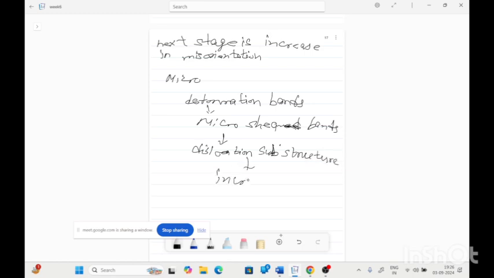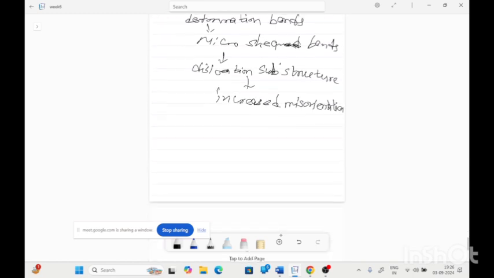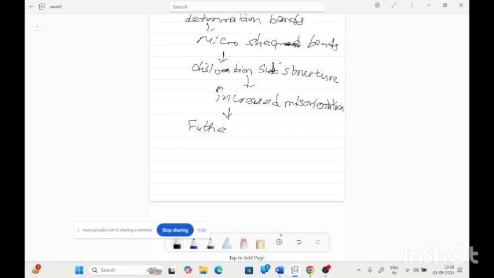Increase in misorientation, and further formation of micro shear bands as deformation proceeds or continues.